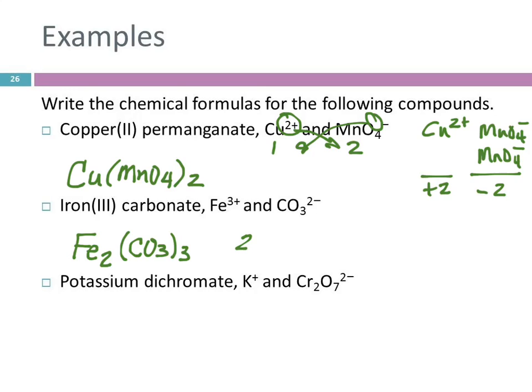If we look at this, we've got 2 times the charge on the iron plus 3 times the charge on the carbonate. That equals 6 minus 6, which equals 0. Any questions?